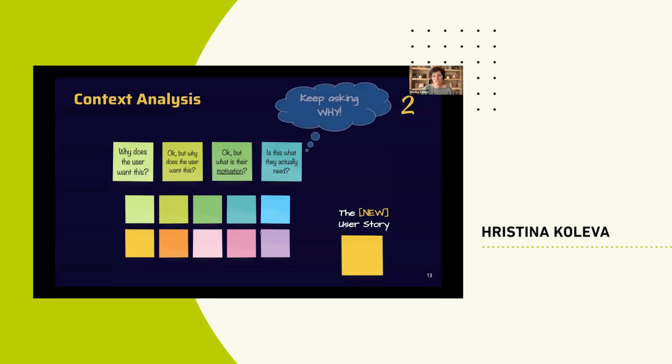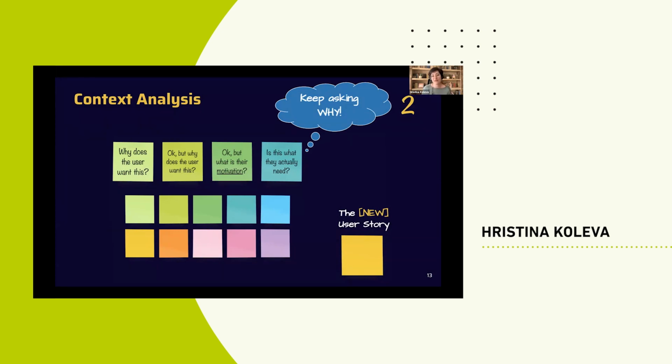The second one is the context analysis. And today we heard many times that we need to keep asking why. Yet again, we need to keep asking why. Why does the user want this? Why does the user need this? Yes, but why this exact need? What's their actual problem? What's their actual motivation? Is this the thing that they actually need?